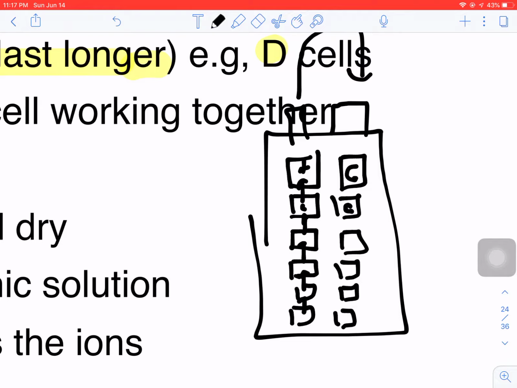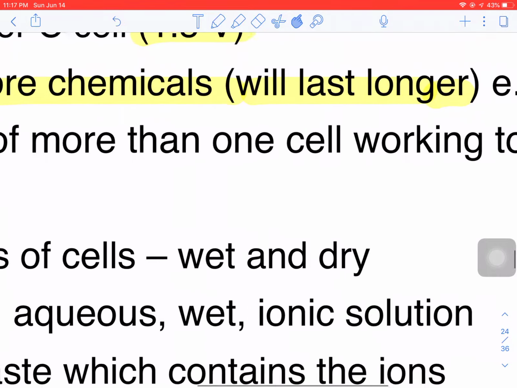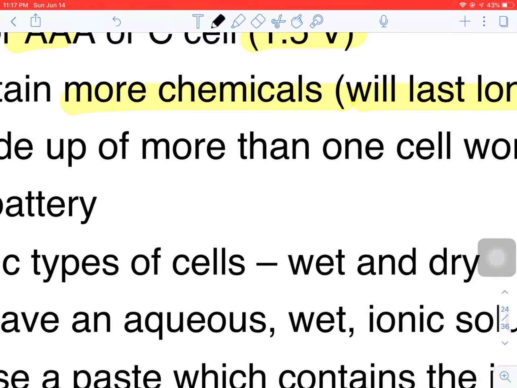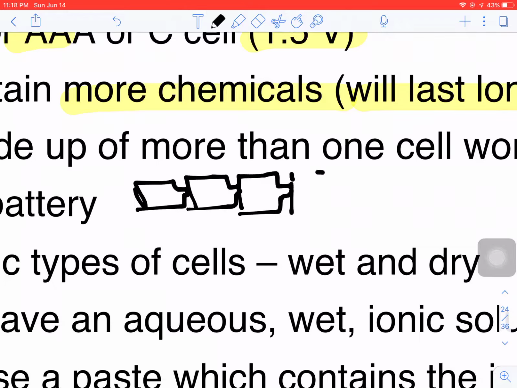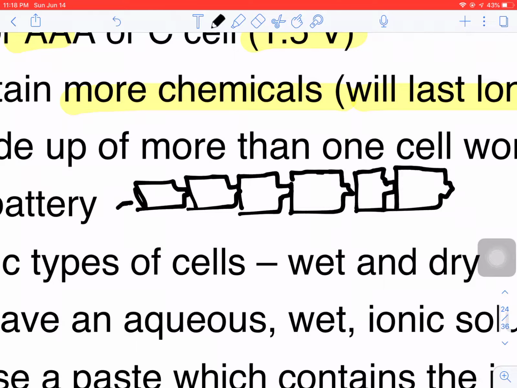I could achieve the same effect by taking 6 individual cells. If I did that, electrons coming out of this end would get 1.5 volts here, another 1.5, 3, 4.5, 6, 7.5, 9 volts, and they would come out of here.